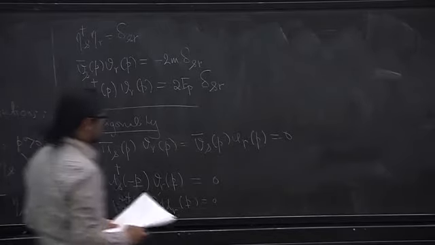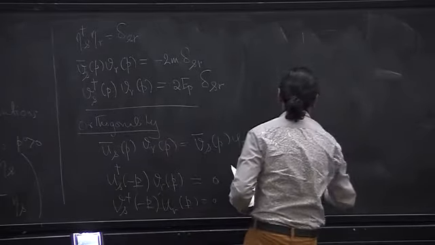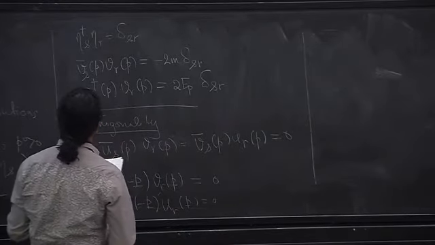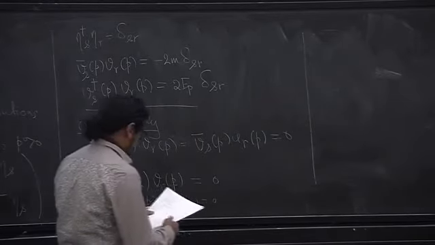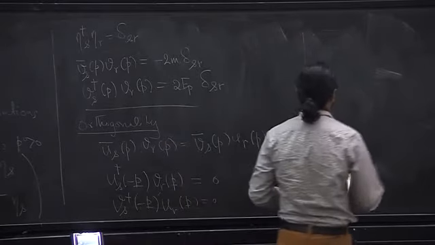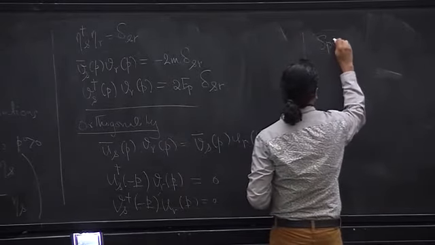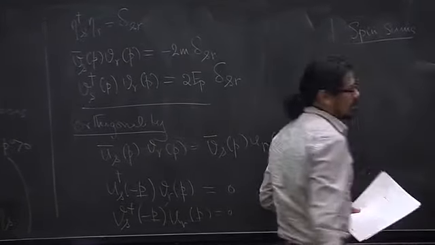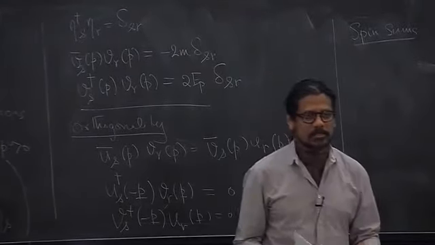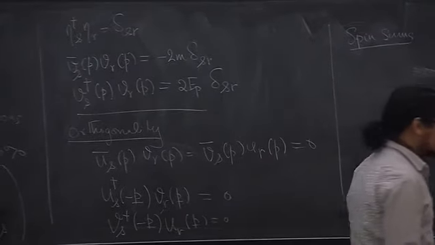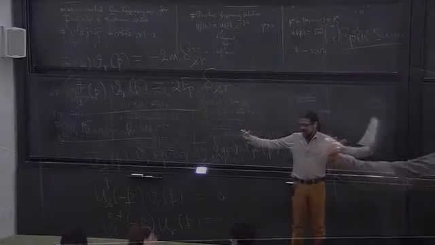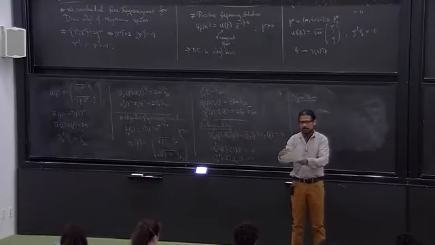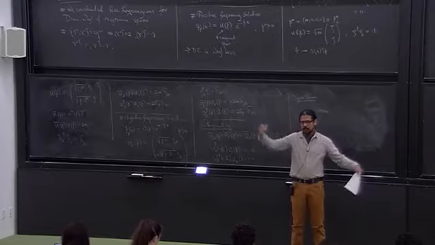So the last thing that we need about the plane wave solutions of the free Dirac equation are the spin sums, when you're doing cross-section calculations. Suppose you have two beams of, say, fermions coming, and then scattering and going away.